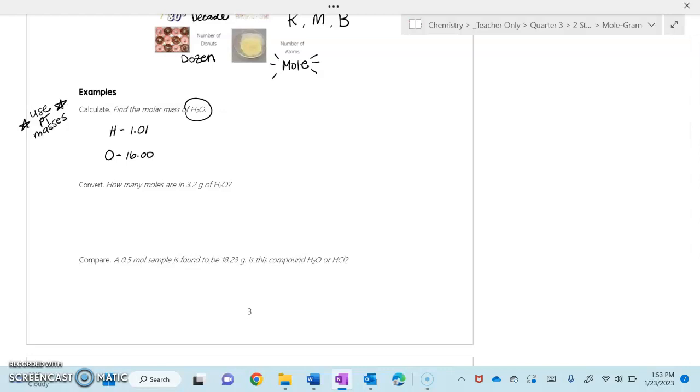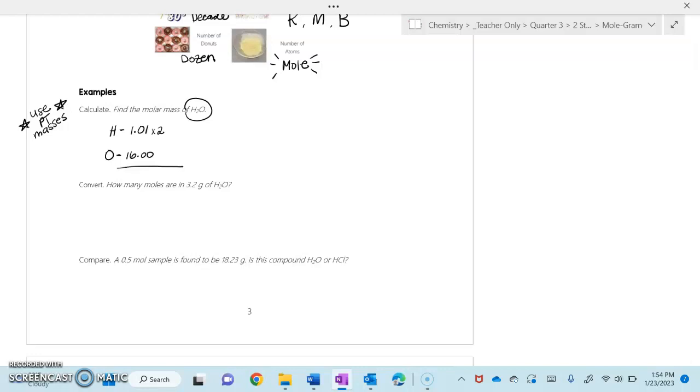Again, we're going to round these to the hundredths place just to keep it nice and simple and easy to write down. However, in our numbers here, as written, this is saying I have 1 H and 1 O. I'm going to multiply this by 2 since I have 2 hydrogens, but only 1 oxygen, so I'm not going to multiply that by anything.